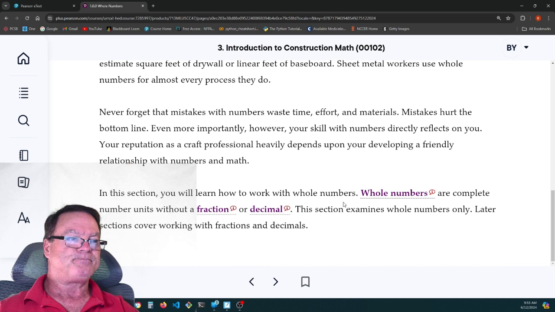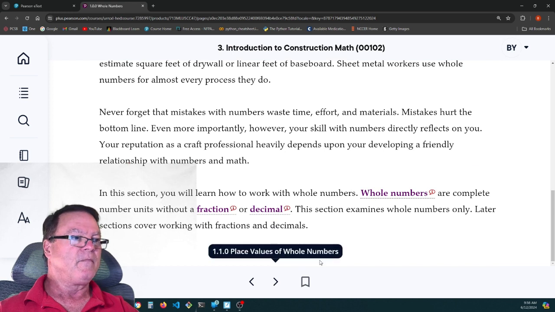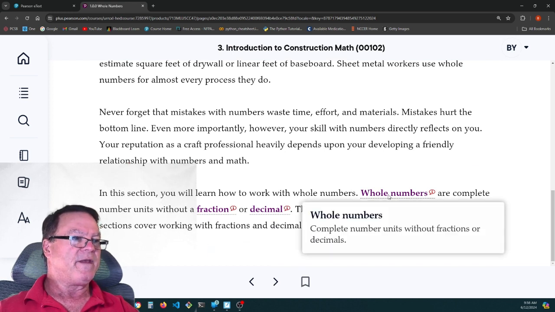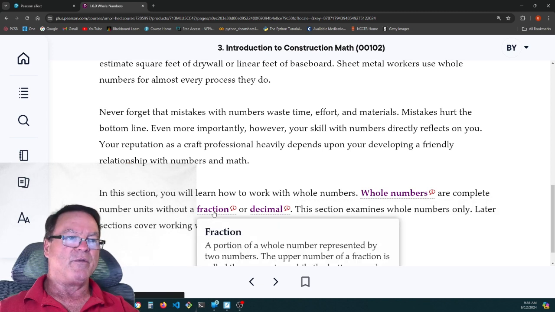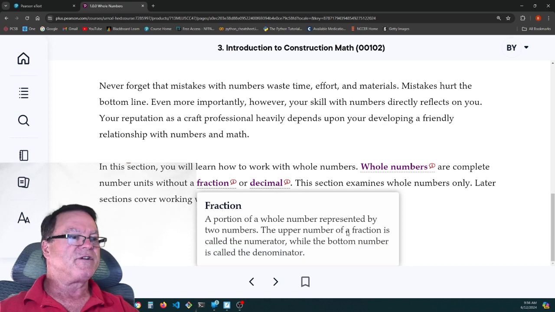Whole numbers. A whole number is a complete number without fractions or decimals. So 1, 2, 3, 27, 115. Those are whole numbers. A fraction is a portion of a whole number represented by two numbers.